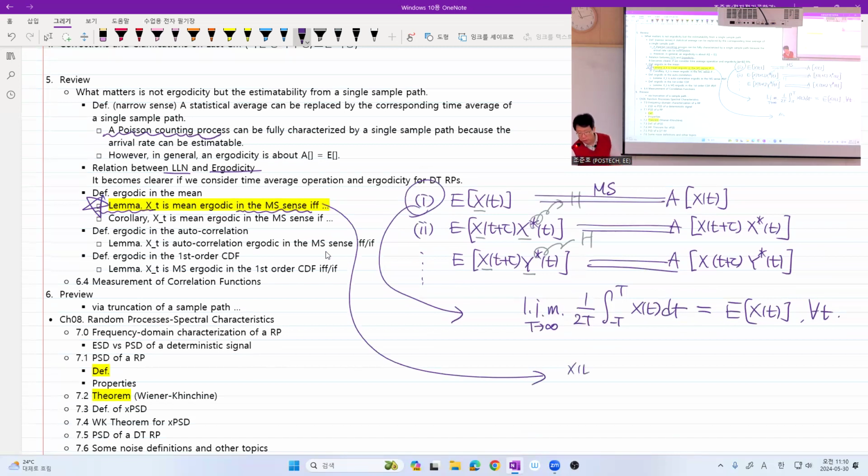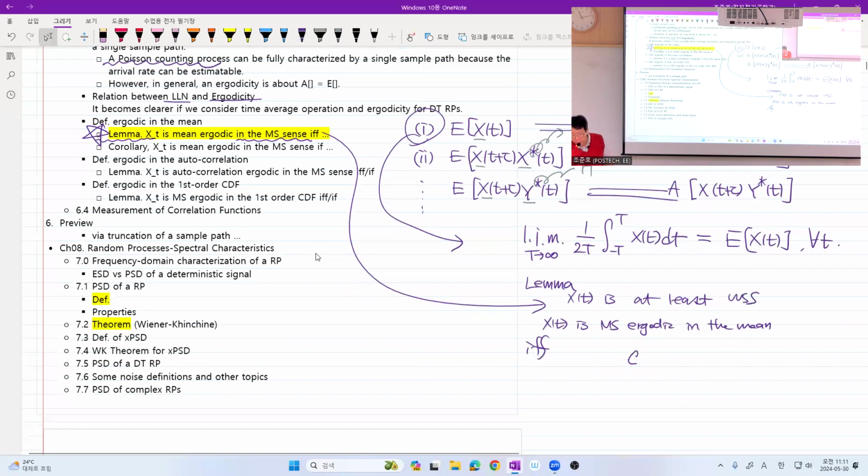The lemma assumes that x of t is at least wide-sense stationary. And they talk about the covariance function and say that x of t is mean square ergodic in the mean if and only if what?